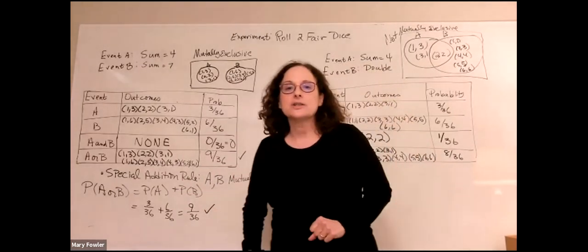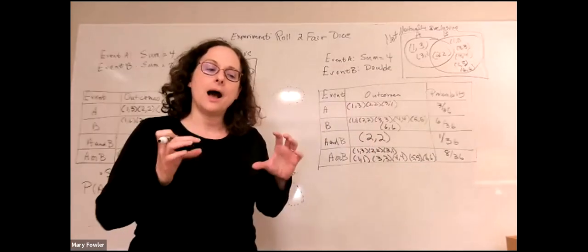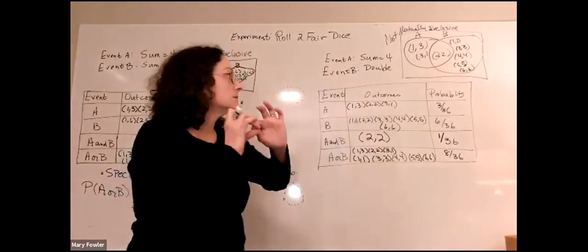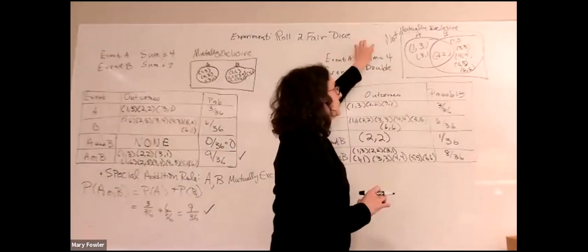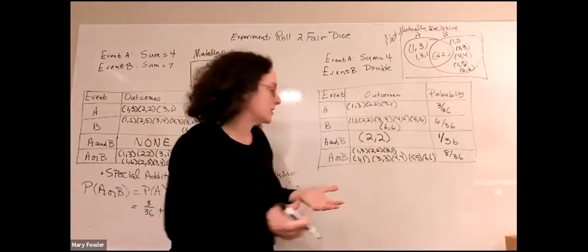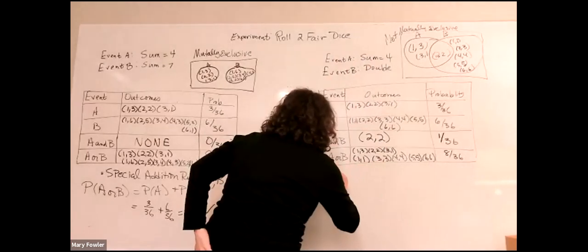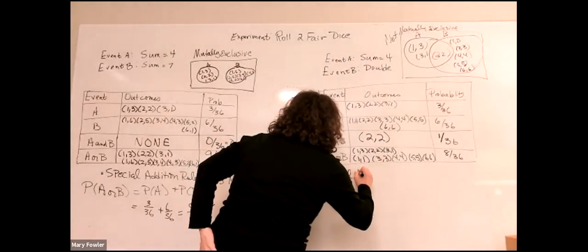All right, so let's go to a more general situation where A and B are not mutually exclusive. Actually, this is a general situation, so it would work in both situations, but we'll start with the general addition rule.